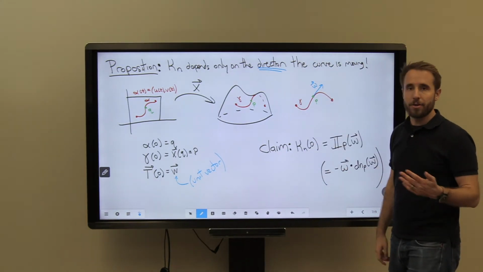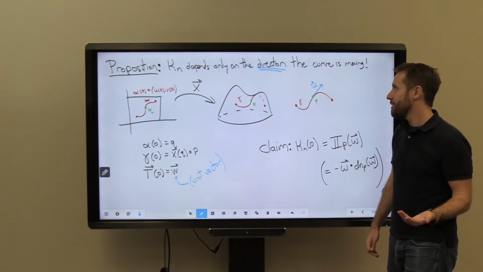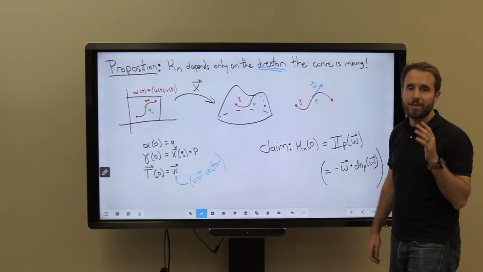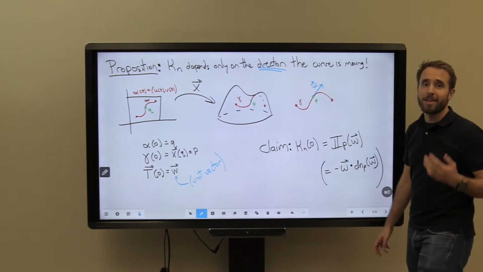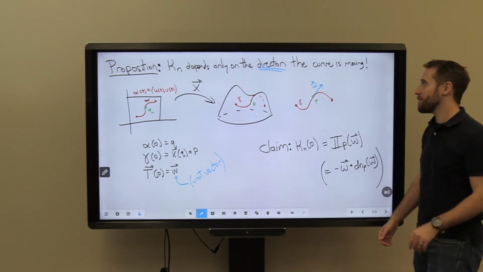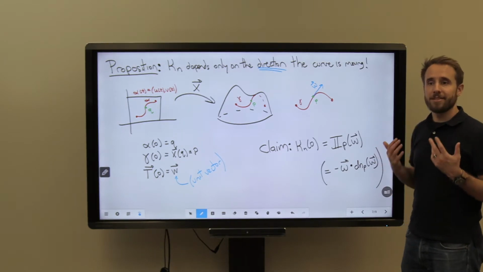And any other curve gamma that goes through the same point with the same direction would have the same normal curvature.